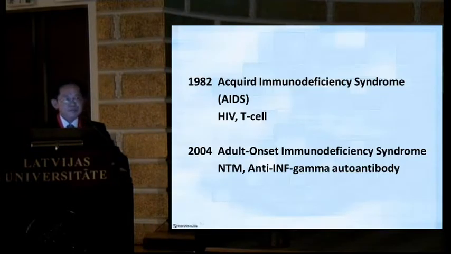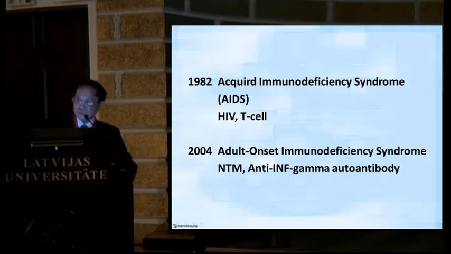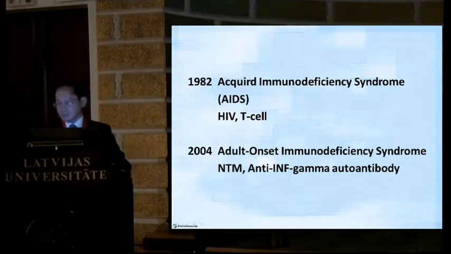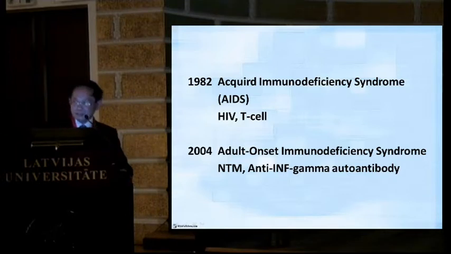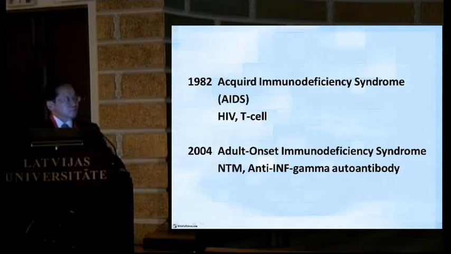And as you remember, maybe younger colleagues here may not know about the history. Within about 2-3 years, we knew this is a retrovirus. It's the HIV retrovirus, and it infects the T cells, with infection and with tumors. That was the history of the last century, the 80s, almost 30 years ago.